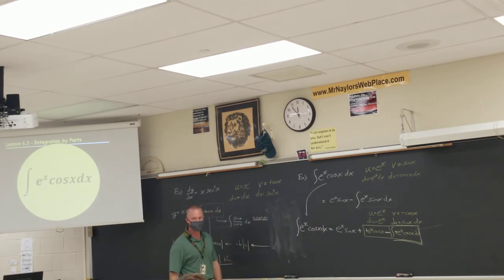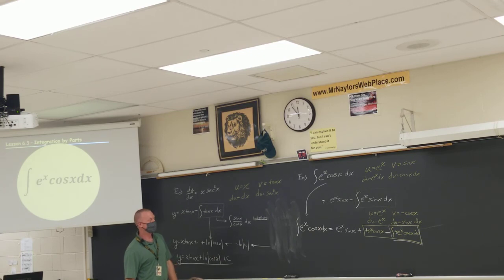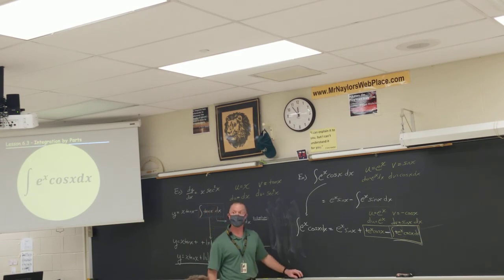Let's actually say that these are equal. And now what I want you to do is feel like you're a little more in an algebra class. What do you do in algebra classes? Usually solve equations. Guess what I'm trying to solve my equation for? I'm trying to solve my equation for the integral of e to the x cosine of x. Are you tracking with me?